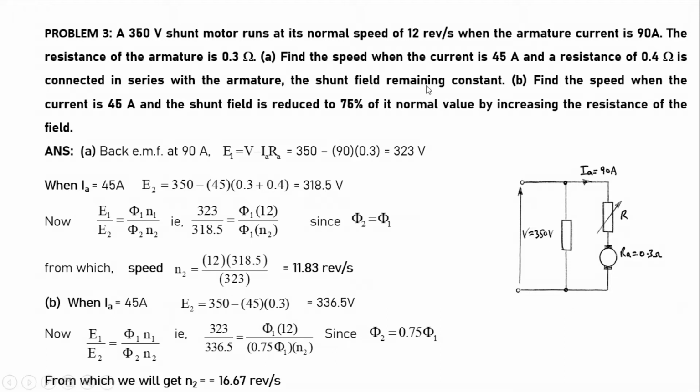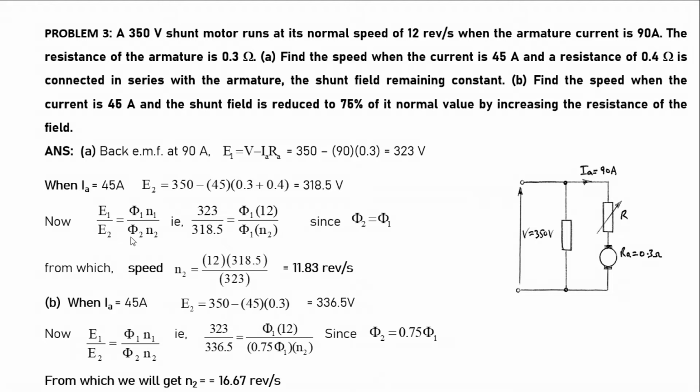Now what do we need to find? The speed for this condition. We calculated E1, we calculated E2. Now we need to calculate N2 at this E2. How can we do it? The shunt field remains constant, so there is no variation in flux, because the flux is produced by the field windings.